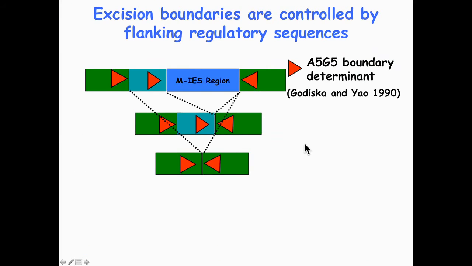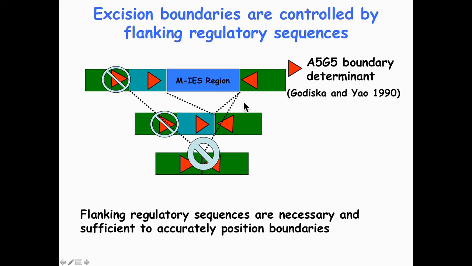Just to recount that old data, since some of you in the room weren't even born when these experiments were done: if you eliminate one of these controlling sequences, and for the M IES these were easily recognized A5, G5 tracts in opposite orientations on each side of the IES, there happened to be two copies of that, about 300 base pairs apart, that led to alternative rearrangement of the IES, eliminating 600 or 900 base pairs. But if you remove this copy, you fail to get this excision, and you only get the 600 base pair elimination.